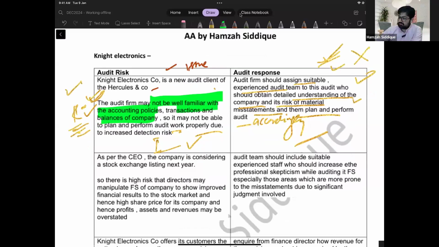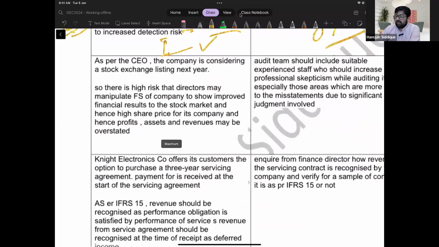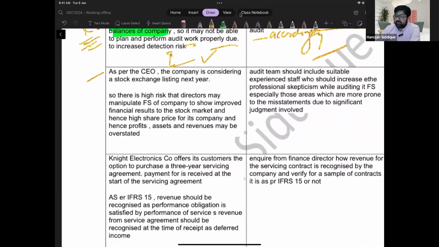Now, as per the CEO, the company is considering a stock exchange listing next year. This is the issue from the scenario. Again, a generic statement.